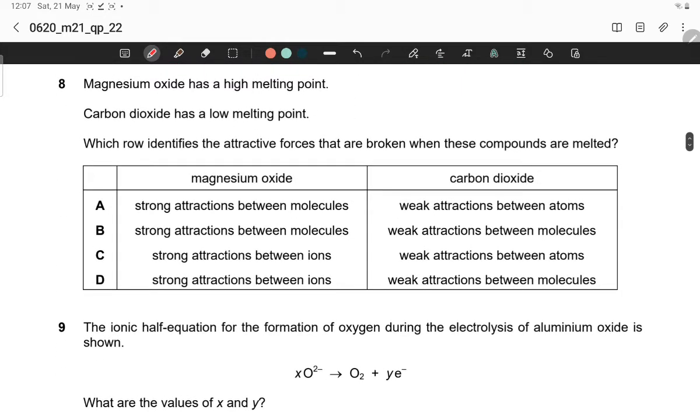Magnesium oxide has a high melting point, carbon dioxide has a low melting point. Which row identifies the attractive forces that are broken when these compounds are melted? Magnesium oxide is an ionic compound. Strong attraction between ions, between opposite ions.